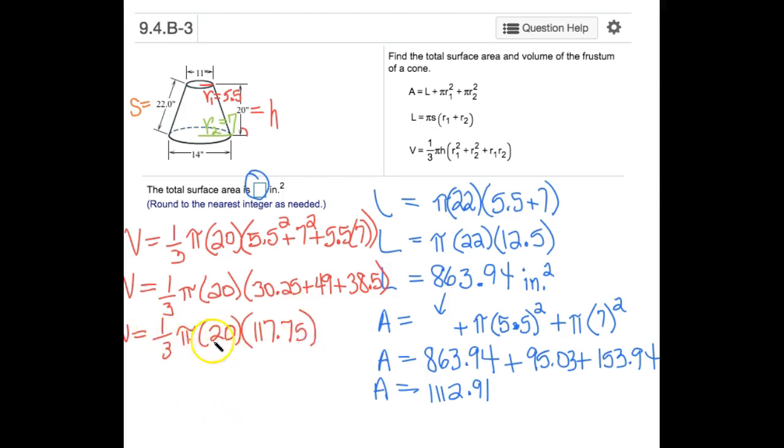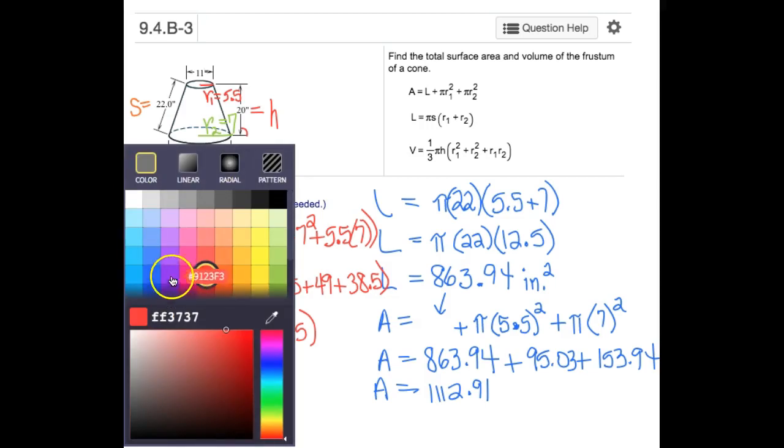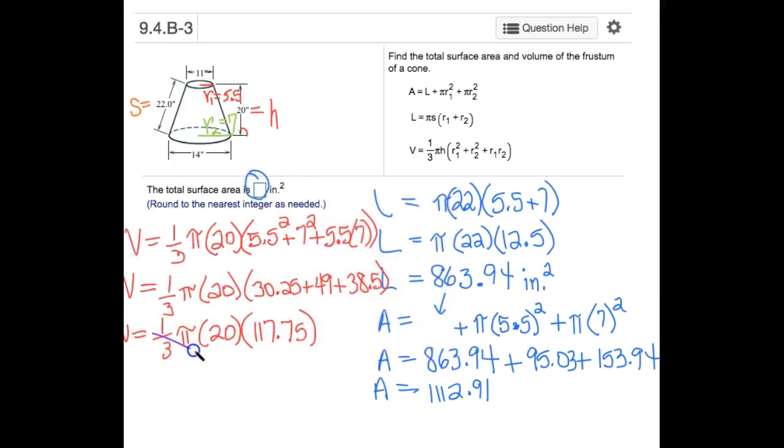Now the best way to do this, it's all multiplication and then there's a 3 in the denominator, which would be division. So the fastest and probably less error-prone way is to take everything in the numerator and multiply it all at once, and then hit your divide button on your calculator and divide by 3 at the end. So we're going to do 1 times pi, or you can really just do pi because the 1 is not going to affect the problem, times 20 times 117.75, and then divide by 3.